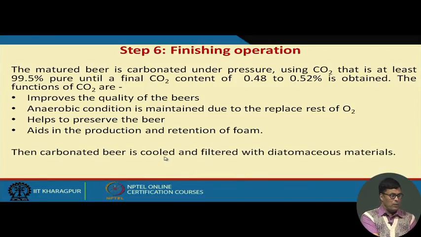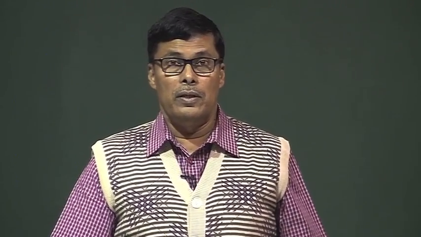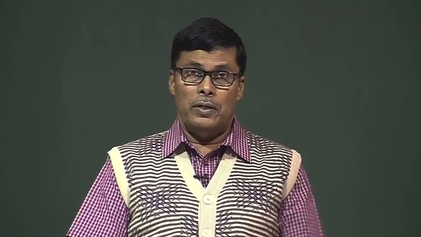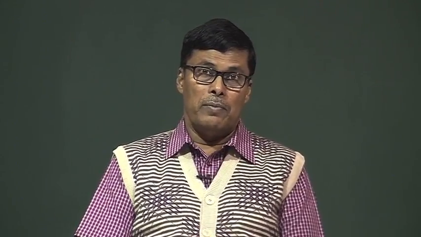Then the carbonated beverage is cooled and filtered with diatomaceous earth, because sometimes we find fine particles present in the beer, and these are removed by using a filter aid. The filter aid, I mentioned before also, is largely used in different chemical and biochemical industries. Particularly, in chemical and biochemical industries, we use activated charcoal, which is very fine particles.